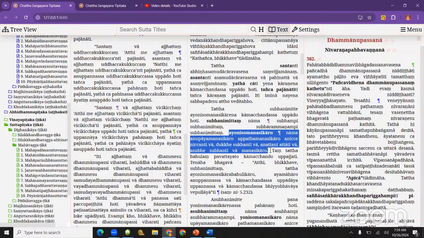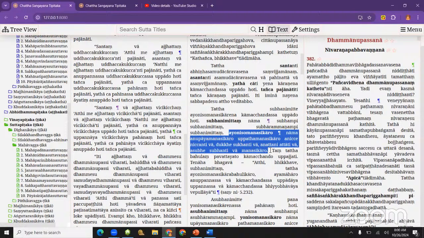And asubhe subhantiva manasikaro. Asubhe means the five aggregate phenomena are asubha, the dirty, or impure, or ugly. But you understand that it has beauty or purity.